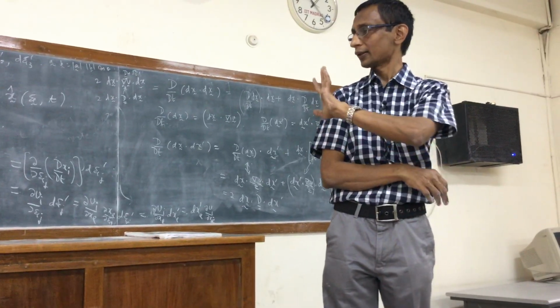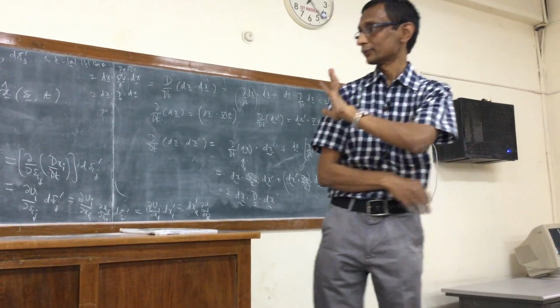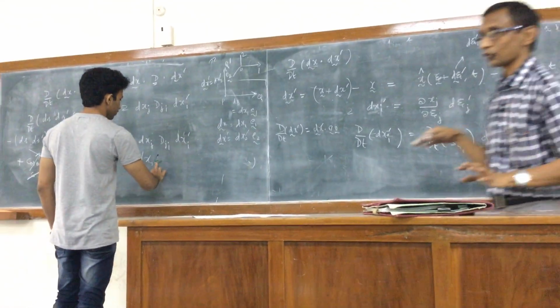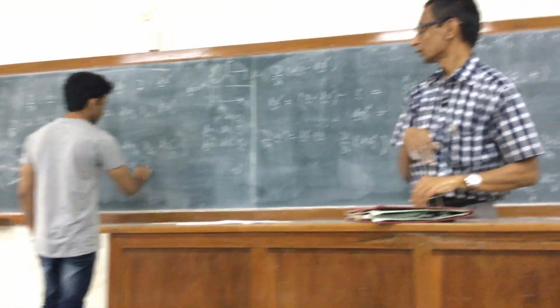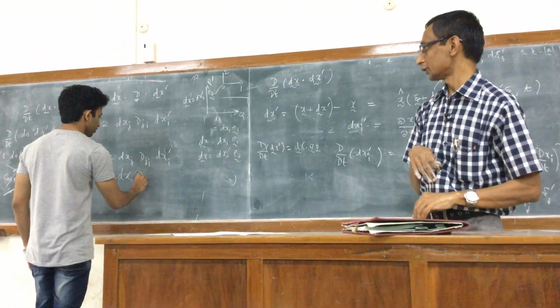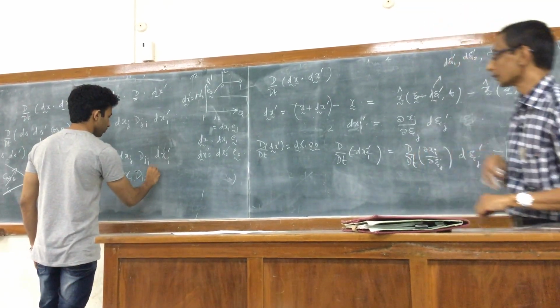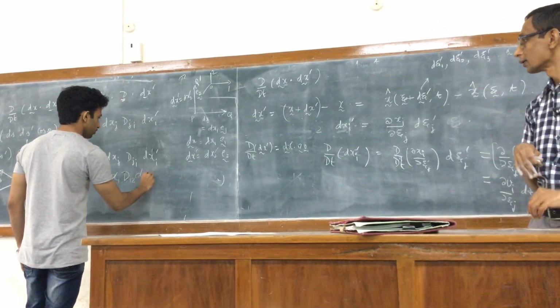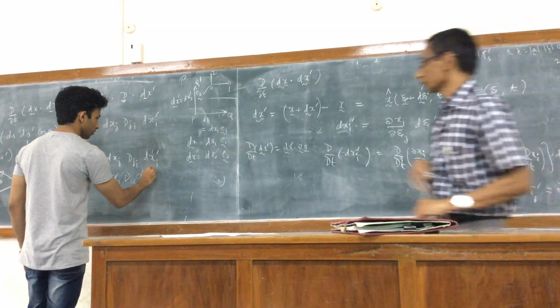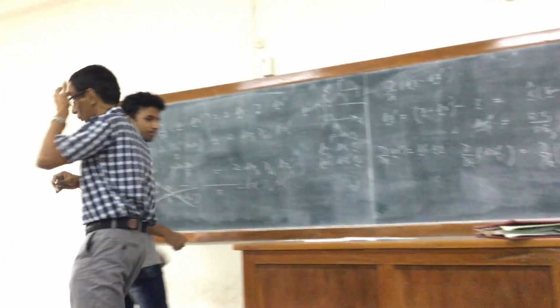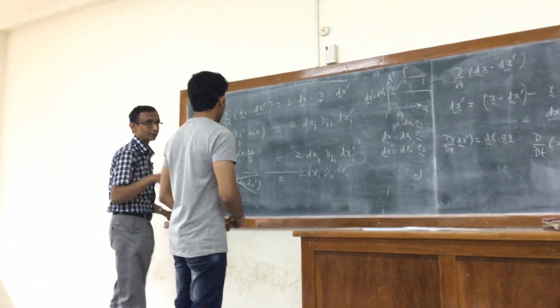Yes, E1 is not there. It is just a scalar, the length. There is no vector. I have written out the fully expanded form: dx1, d 1, 2, and then 2 prime. Yes, that's correct. So you understood the meaning of what you wrote, so what you answered is correct.